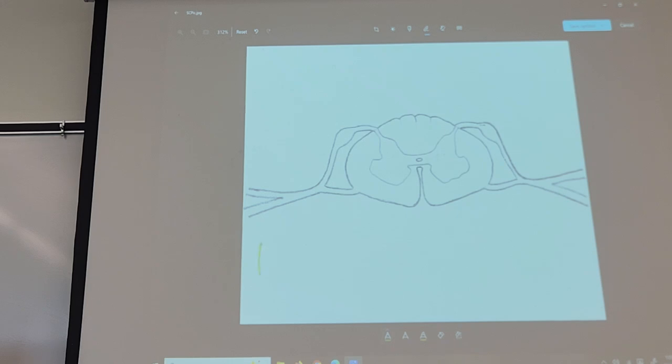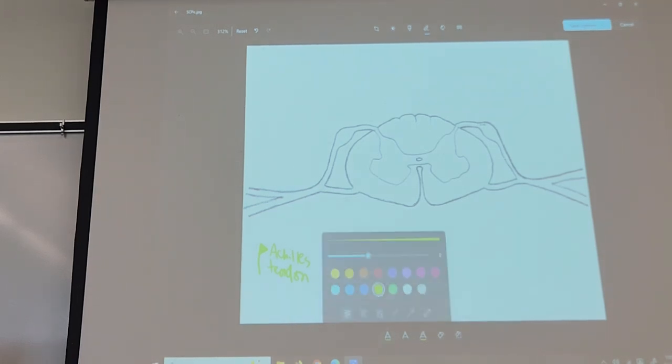So I'm gonna start with a monosynaptic reflex first, okay? And I'm just gonna do Achilles tendon and my little reflex hammer right there, okay? So I'm gonna hit the Achilles tendon with my reflex hammer. And that's going to stimulate the sensation of stretch along the axon terminals of what kind of neuron?